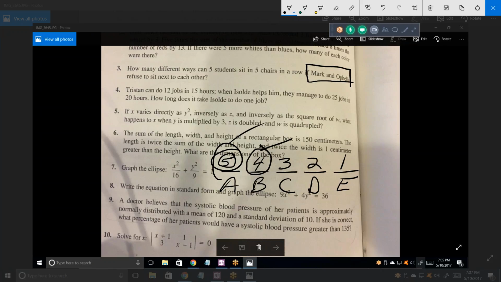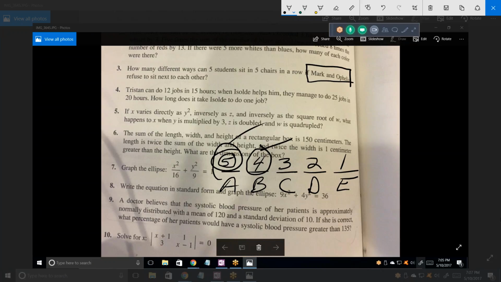So it's not going to be 5 times 4 times 3 times 2 times 1. Question is, how's it going to be? Yeah, because this combination would occasionally result in Mark and Ophelia sitting next to each other.